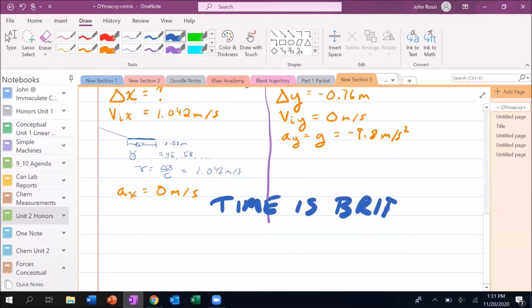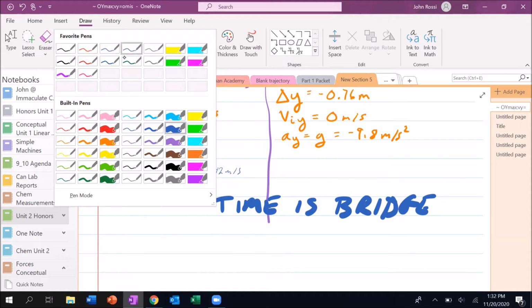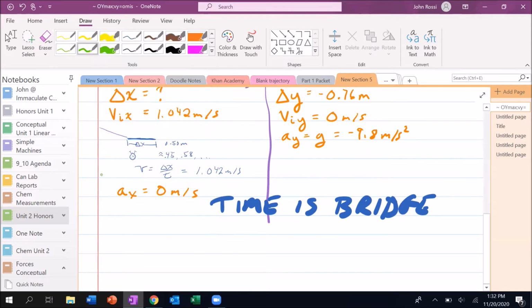All of these are independent of one another. X and Y, they're independent of one another. In order to cross over between X and Y, we need a key or a bridge, right? So there's a couple of ways you can use this one kinematics equation. Let's find a nice color here. How about green, light green?